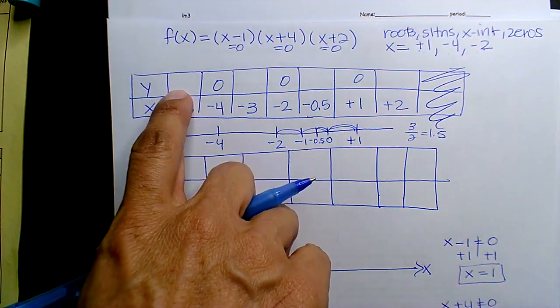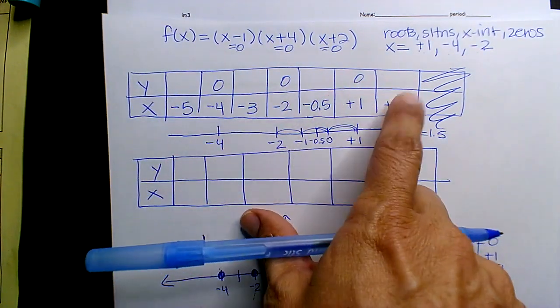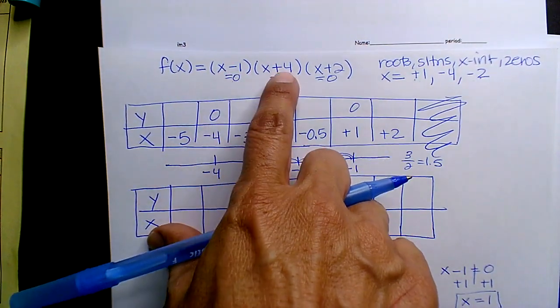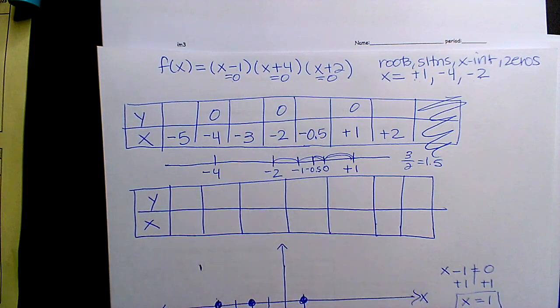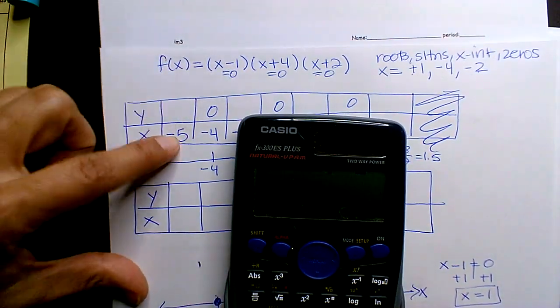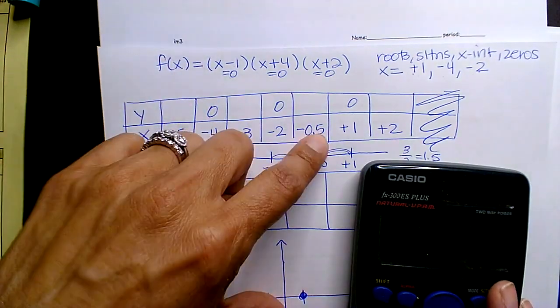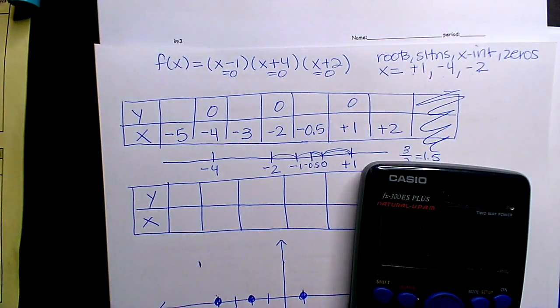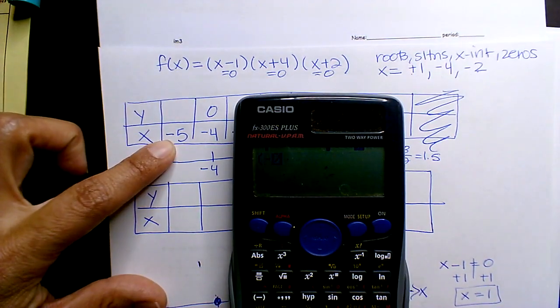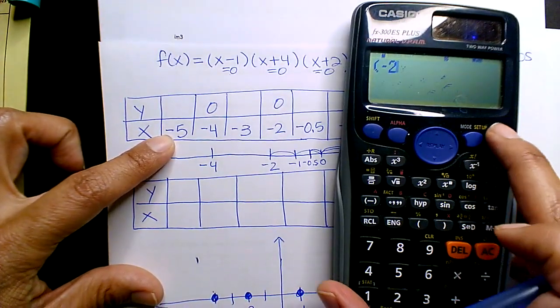You want to find out the values for y. So you're going to take the numbers and substitute them here. Okay, so what do I get? Right, you're going to substitute. Like, give me f of -5, f of -3, f of -0.5, f of +2. So I get -5. Oh, wait, can you guys see? You can't see.